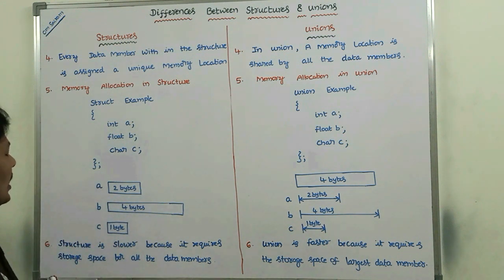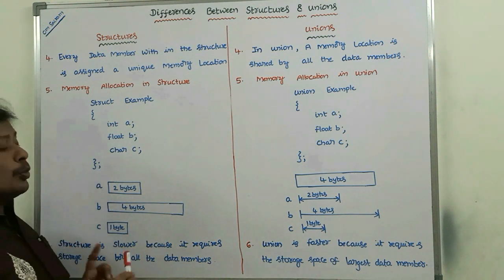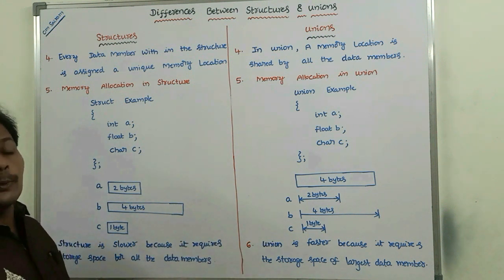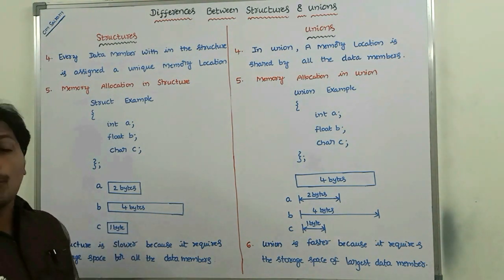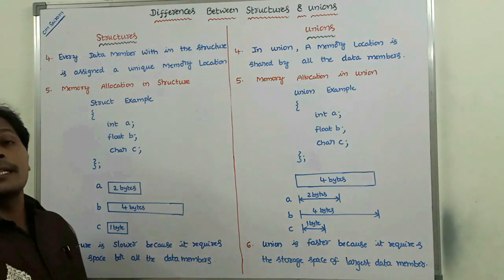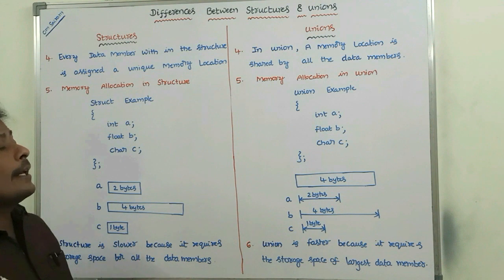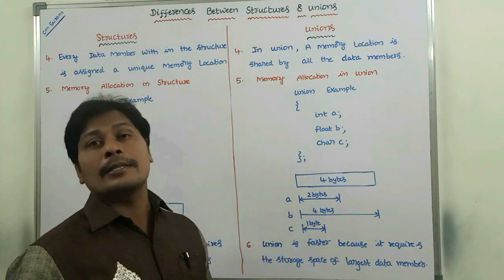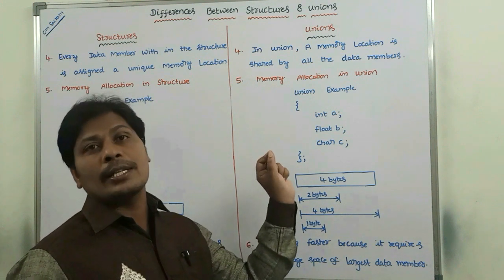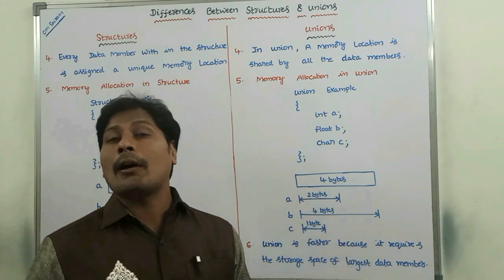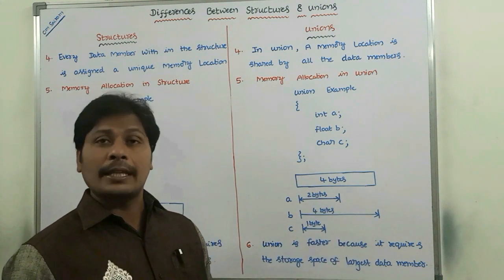Next point is which one is faster among the structure and union. Structure is slower because each and every data member is stored in a separate memory location. Whereas union is faster because a single memory location is shared by all the data members within the union.